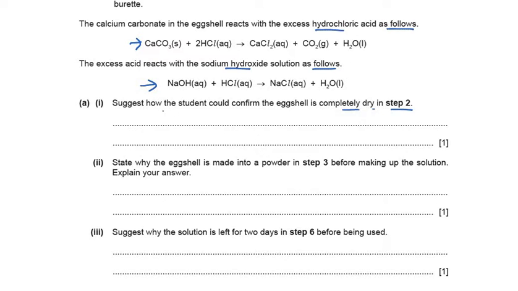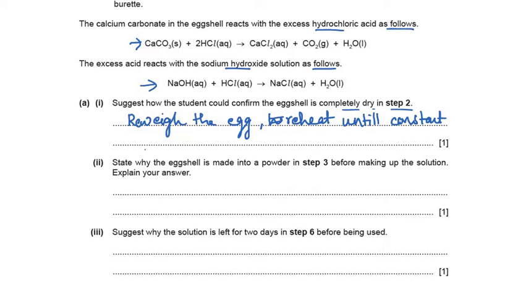The only method is that we should reweigh the eggshell and heat it. Better to say reheat and reweigh it until constant mass, because that is how we can ensure that all of the water has evaporated out.